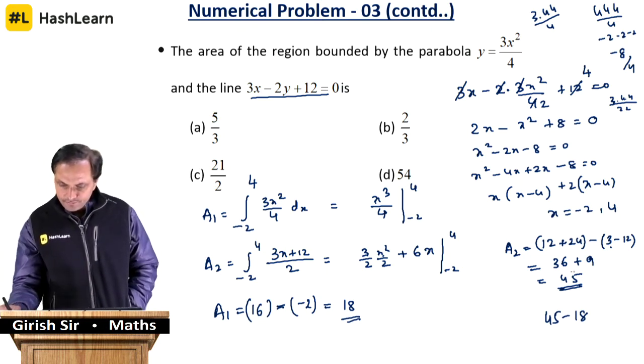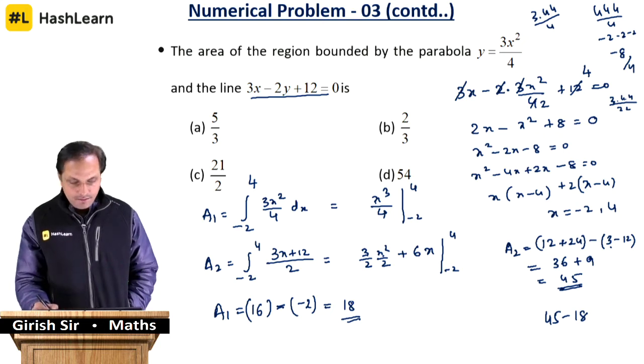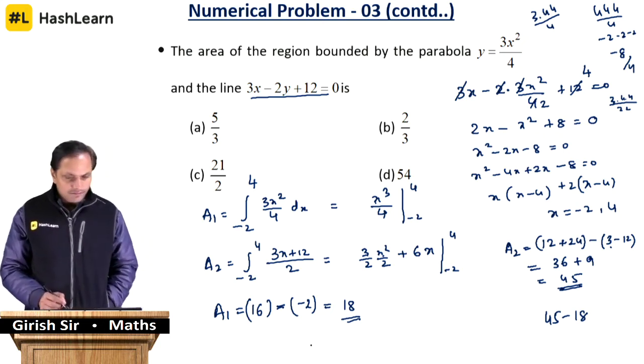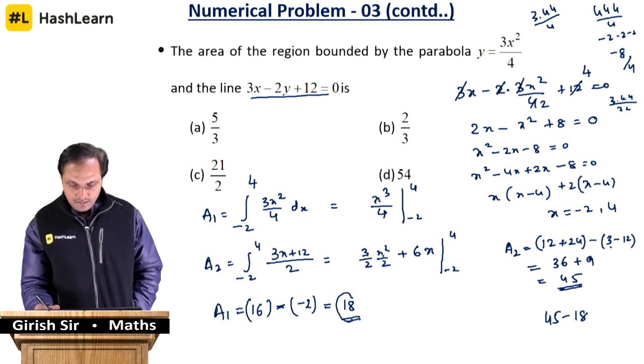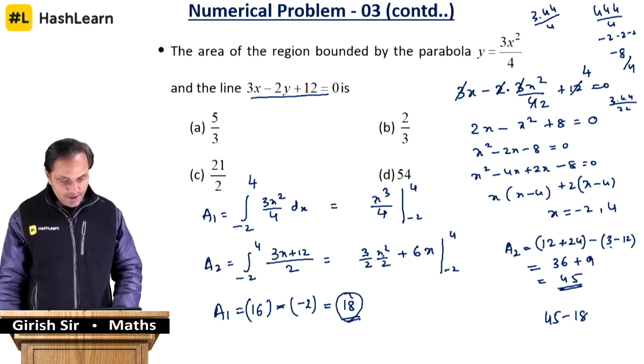So 45 is your parabola, and this is what you are 18. Okay, let me check with the Desmos once.